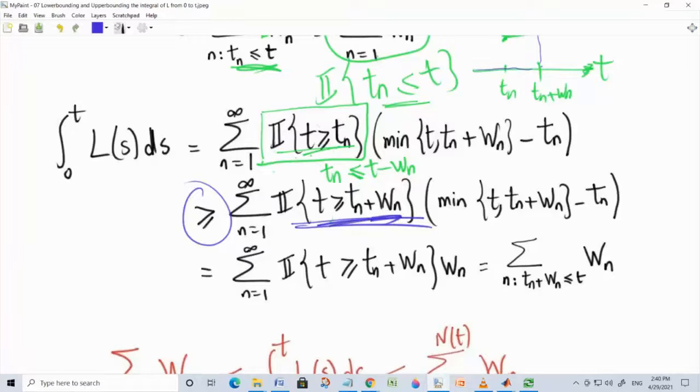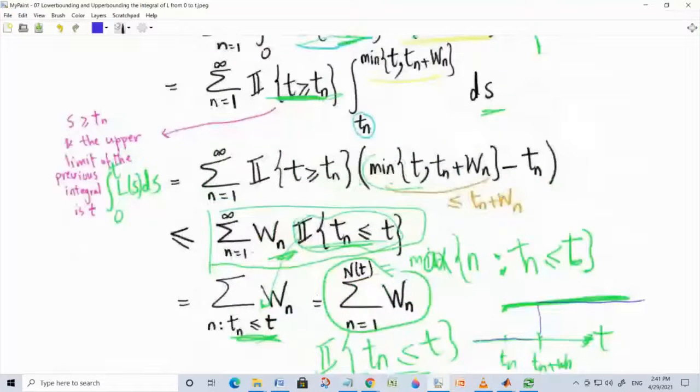Now your indicator is saying that T is greater than or equal to Tn plus Wn. So whenever this indicator is equal to 1, whenever this term is an active term, it must be the case that T is greater than Tn plus Wn. So which of these guys will be the minimum? So the minimum will be Tn plus Wn. Okay, so given that this event is true, this Tn plus Wn will be the minimum, and so again the difference between the minimum and Tn will be Wn, but now our indicator is different.